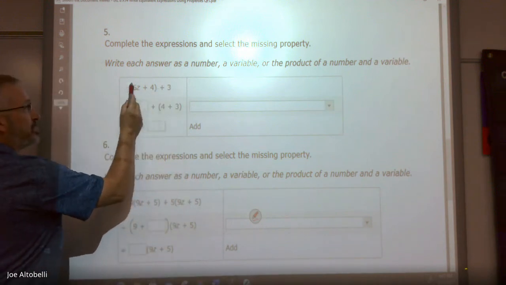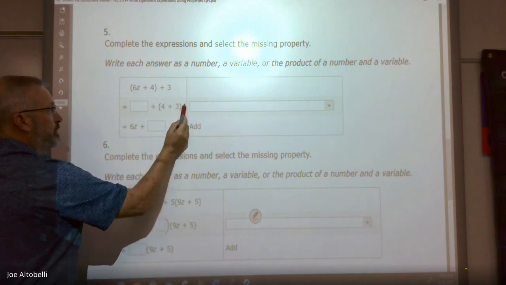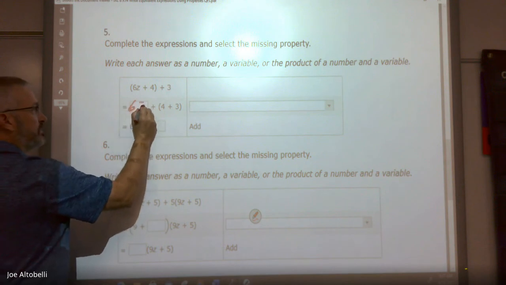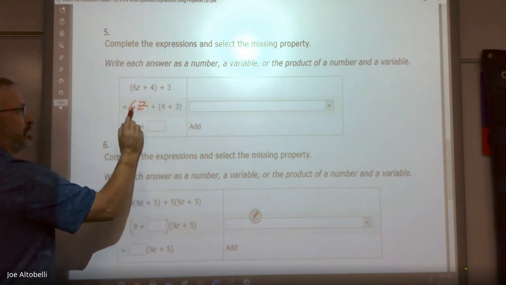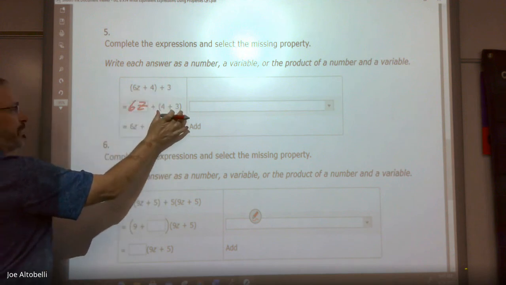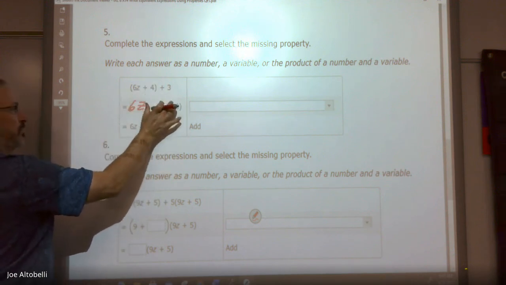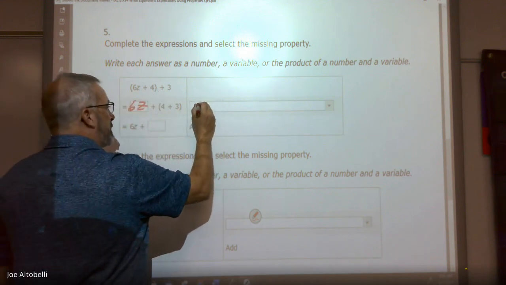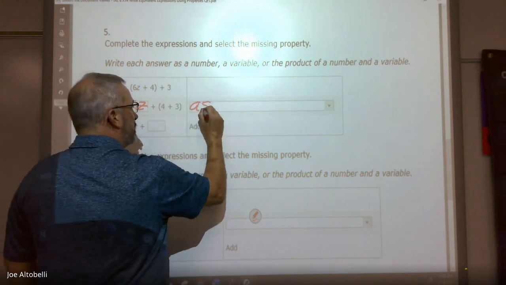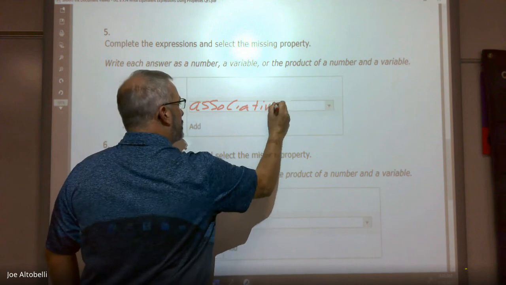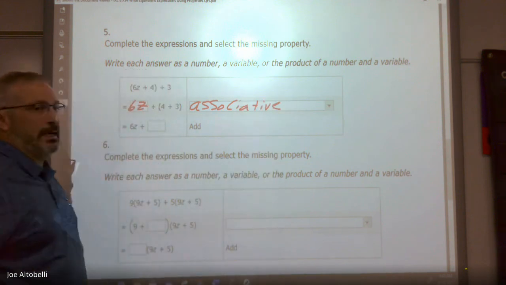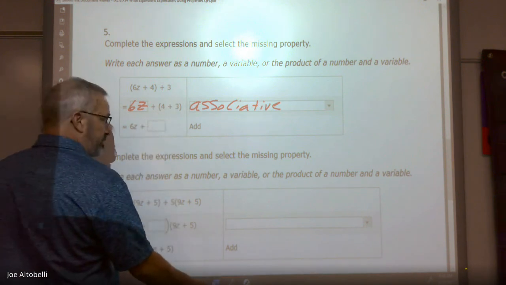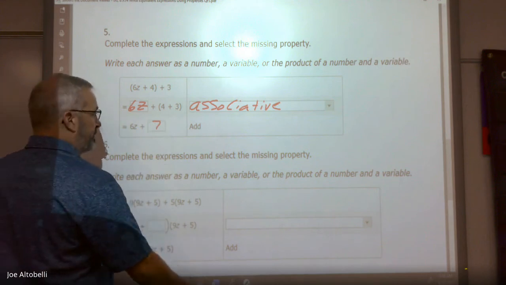So we had a grouping symbol here, and we shifted the grouping symbol to here. What's left is still the 6z, because I have 4 plus 3, 4 plus 3, so I still have the 6z here. All that's happening is my grouping symbol is moving from the front 2 numbers to the back 2 numbers. What's that property? Anybody remember? Associative. Okay, so that'll be the associative property. And then the 4 plus 3 is 7. So you get 6z plus 7.